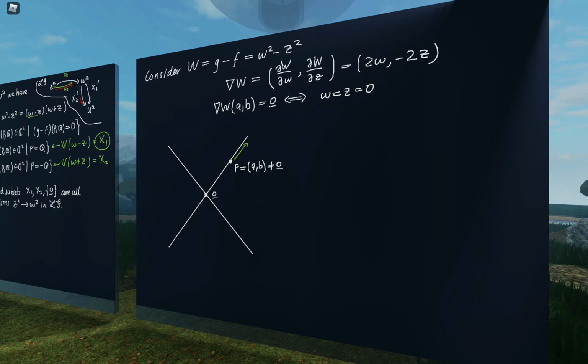So you're used to the idea that traveling along the gradient will be a direction of steepest descent, right? So the vector, which is the gradient evaluated at (a, b), is normal to the vanishing locus of w.